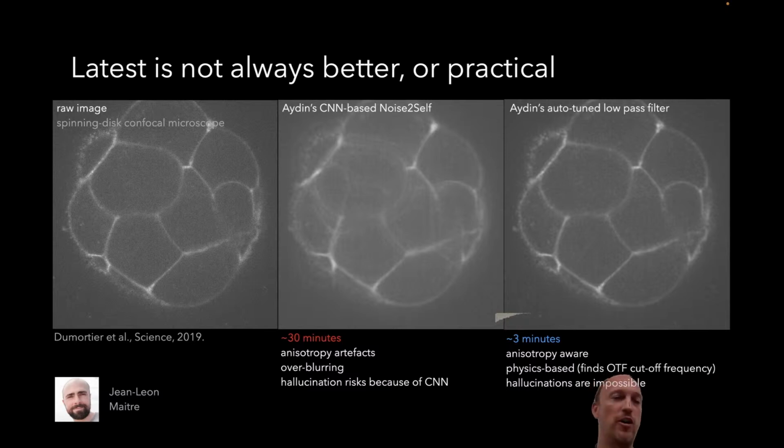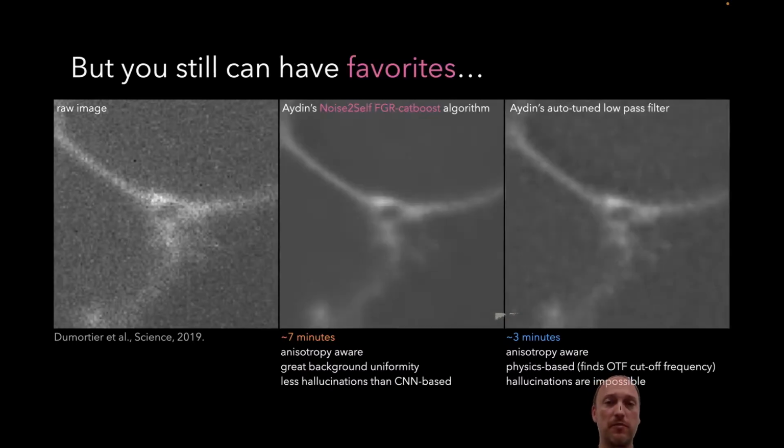But it's all about this general performance envelope of how practical it is and so forth. The hallucination risks are still something that will always remain a danger with CNNs. And with other kinds of approaches that cannot hallucinate, you have an inherent safety there, that you can have if you need it.